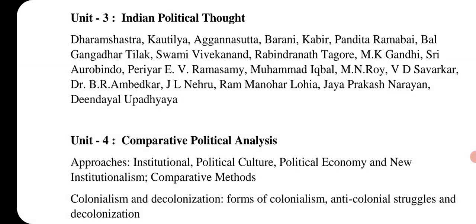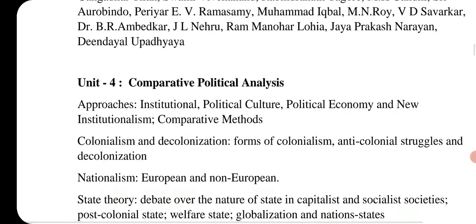Next, unit 4, comparative political analysis. In comparative political analysis, approaches like institutional approach, political culture, political economy, and new institutionalism, comparative methods, colonialism and decolonization, forms of colonialism, anti-colonial struggles and decolonization, nationalism, European and non-European.